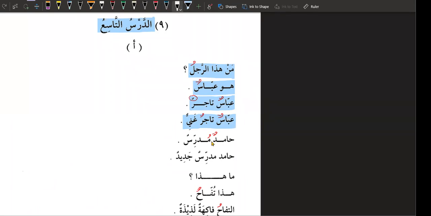So we have, for example, تاجر. Well, before that, we've already studied this sentence. التاجر غني. نعم التاجر غني.